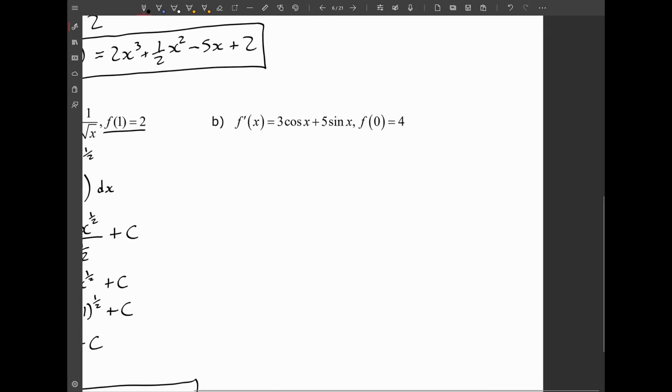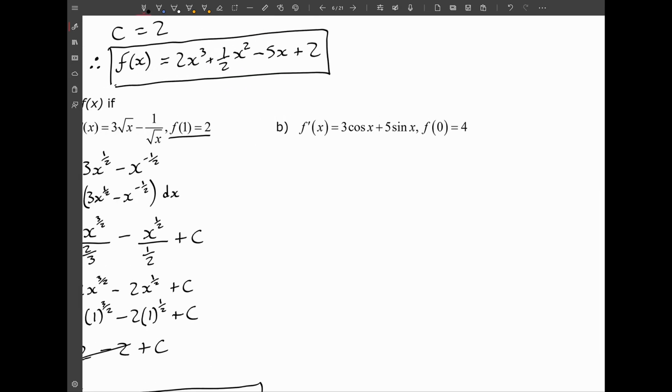Next one. F prime of x is equal to 3 cosine x plus 5 sine x when f of 0 is equal to 4. So we know that f of x is going to be equal to the integral of 3 cosine of x plus 5 sine of x dx, which means f of x is going to be equal to, all right, so we're working backwards again.